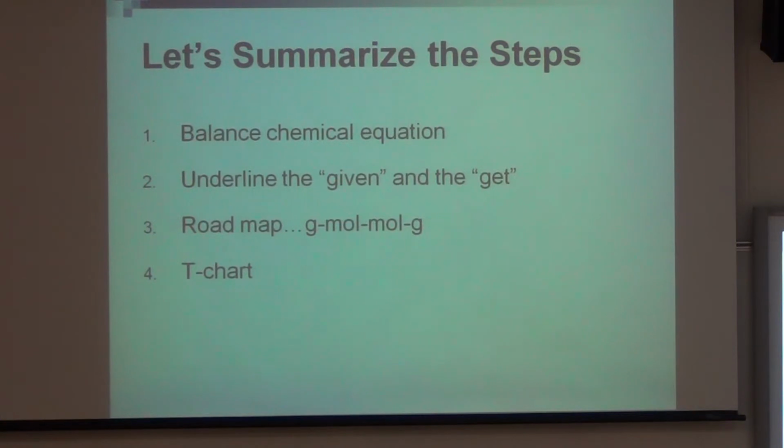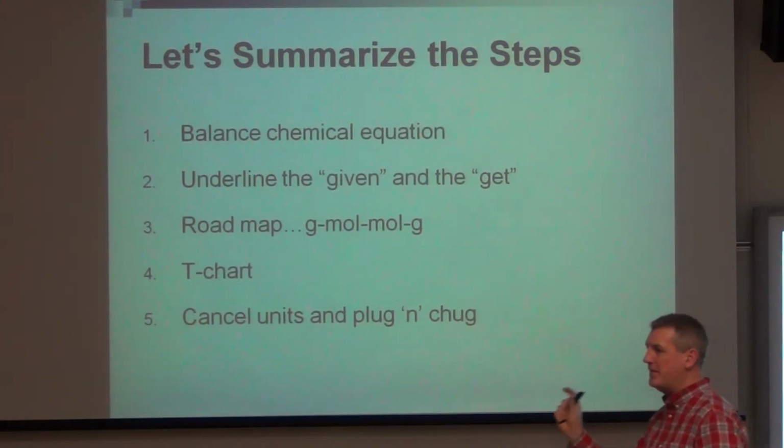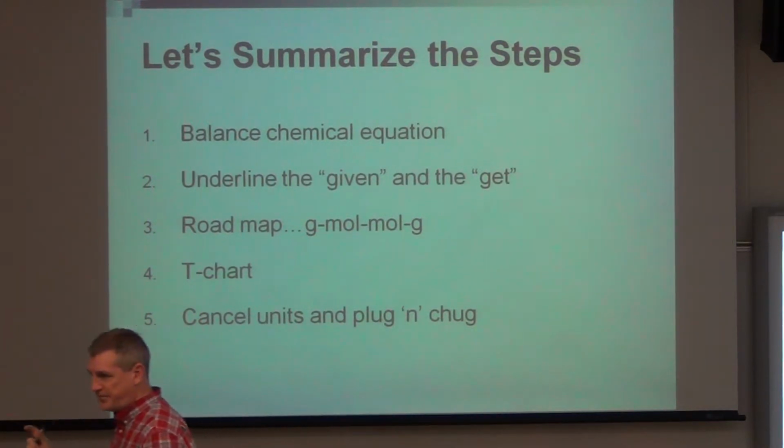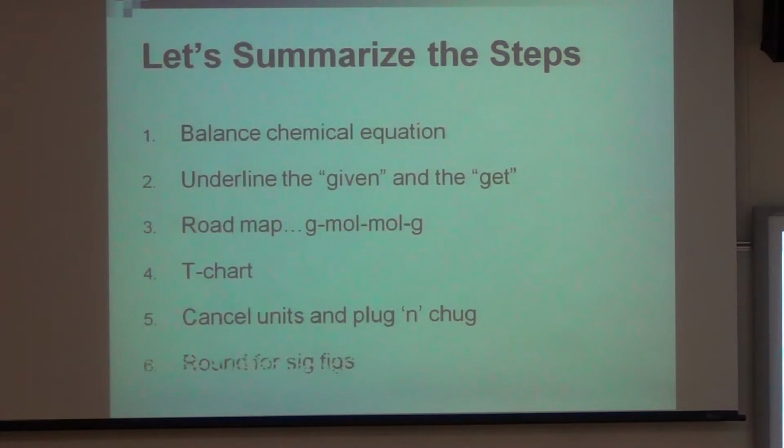Write your T-chart out. Show your work. Cancel your units. Again, make sure that you keep the identity of your units. And then finally, as I just mentioned, round your final answer to the correct number of significant figures.